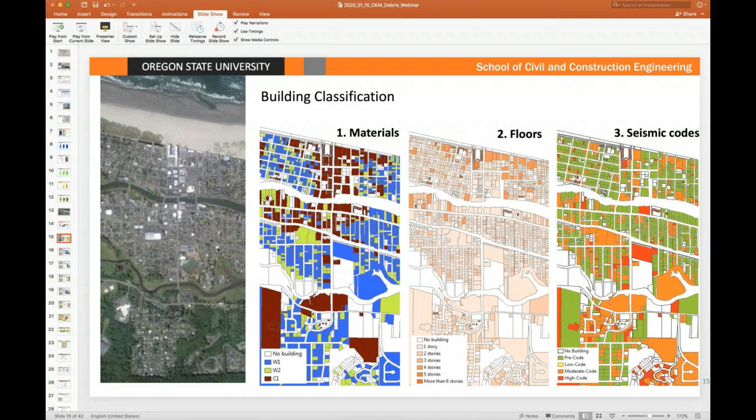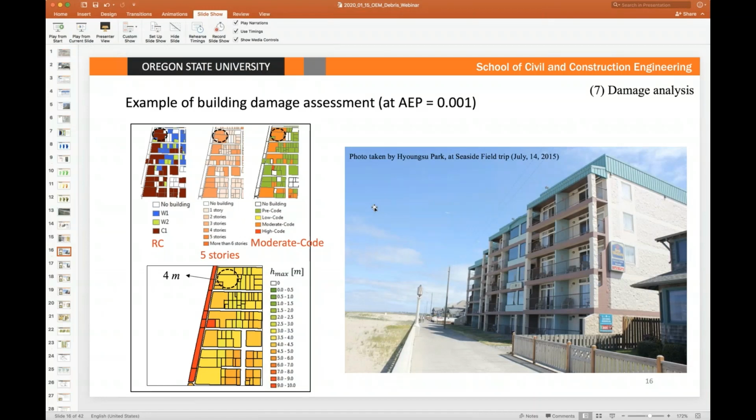So there was no standard enforced for the construction related to seismic. Or is it a more recent building? These are the ones shown in red, which are built to high seismic code or current seismic code. So again, we are trying to classify about 6,000 buildings to describe the built environment before the earthquake and tsunami.